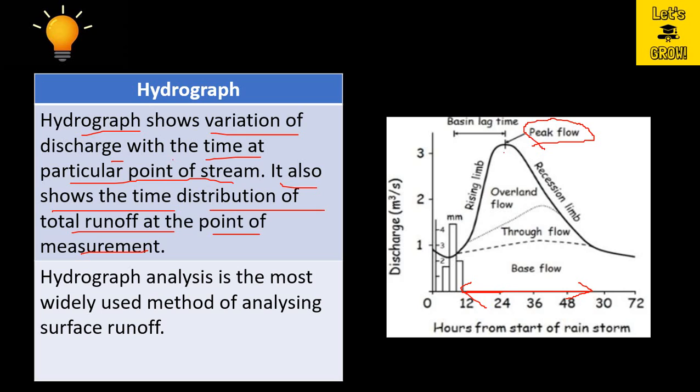So we can see the time distribution of runoff along with the time of the peak in our river or stream. Hydrograph analysis is the most widely used method of analyzing surface runoff. Surface runoff means all of the flow which takes place on the earth surface, generally in a river or stream.